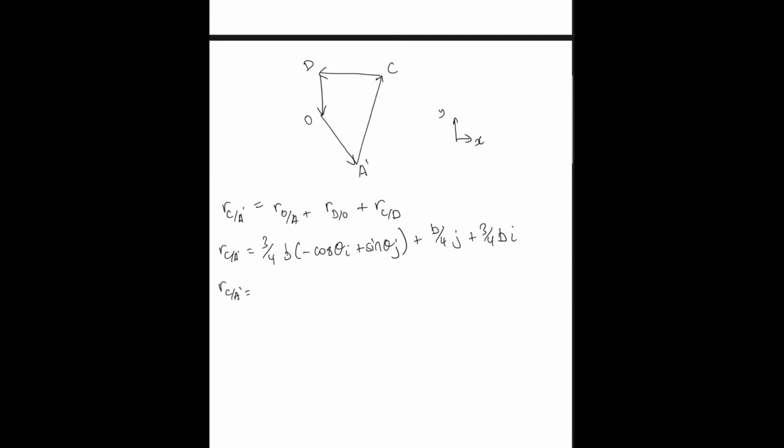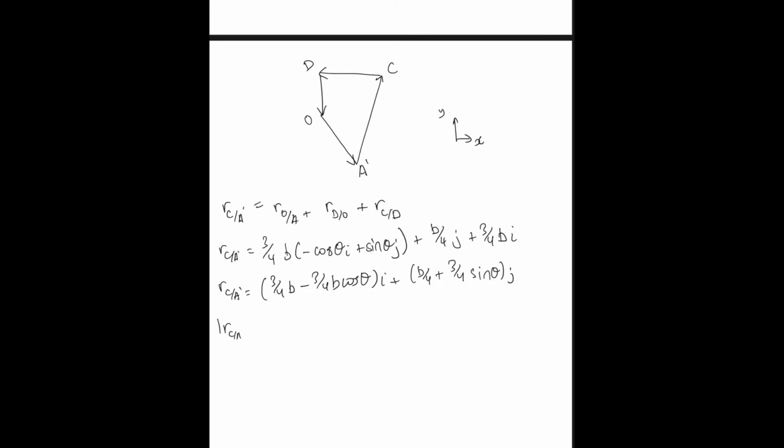Plus B over 4 J for the position of O with respect to D, plus 3/4 B I for the position of C with respect to D. Now if we add that up, it simplifies to 3/4 B minus 3/4 B cosine theta in the I direction, plus B over 4 plus 3/4 sine theta in the J direction.